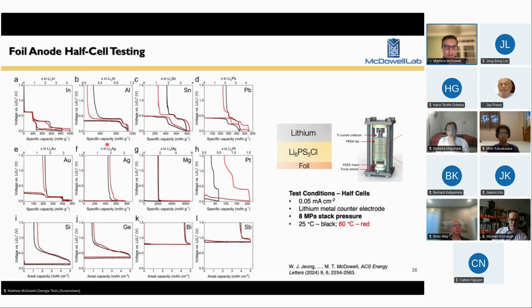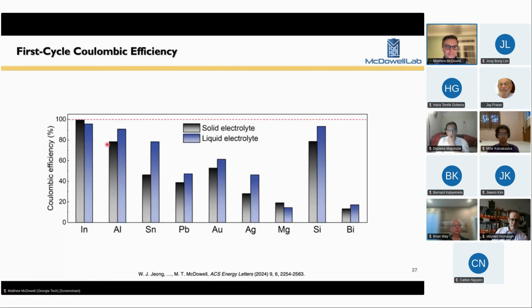The main thing to draw from all this data is really the amazing performance of indium. Indium exhibits almost 100% Coulombic efficiency in solid-state half cells. It has very high lithium diffusivity. You can insert lithium and you can remove it with very high efficiency. All these other alloy materials, it varies quite a bit, but generally there's much, much lower efficiency.